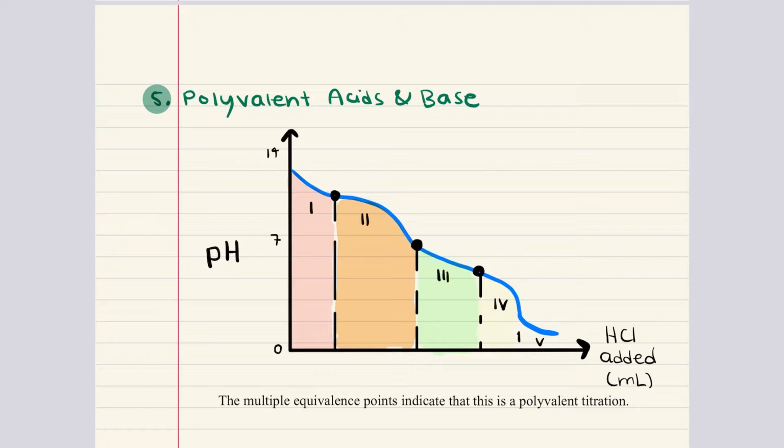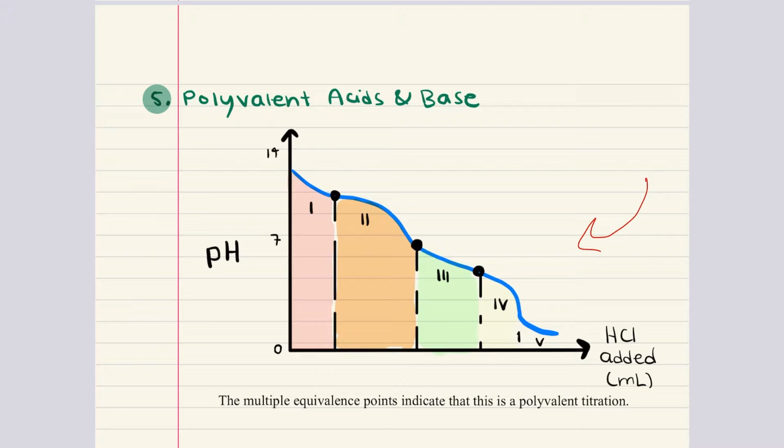And this property leads to multiple stages of ionization, each with its own equivalence point, as shown in this titration curve here. Polyvalent acids and bases exhibit multiple equivalence points during titration, and each equivalence point corresponds to the donation or acceptance of one proton or hydroxide ion.